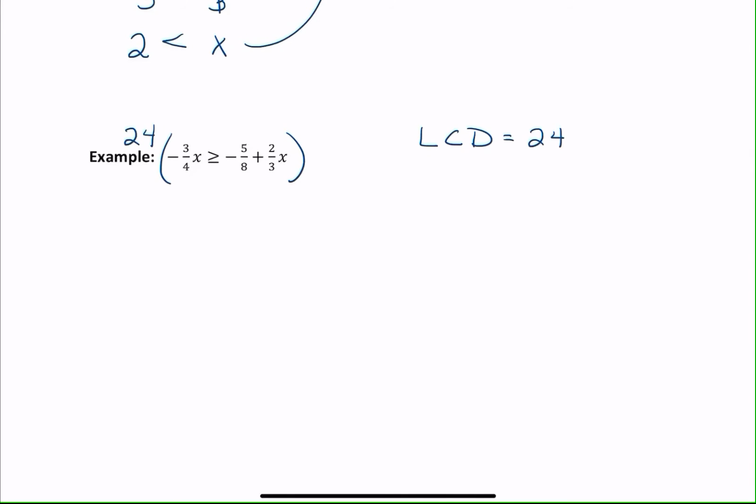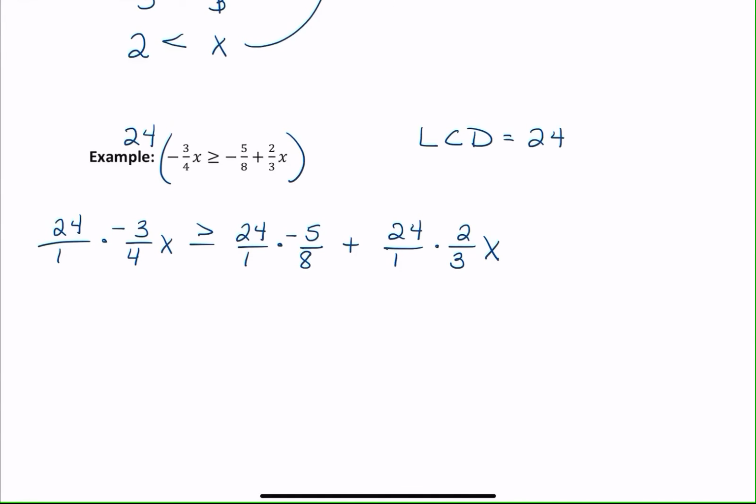If I do 24 over 1 times -3/4 x is greater than or equal to 24 over 1 times -5/8 plus 24 over 1 times 2/3 x.